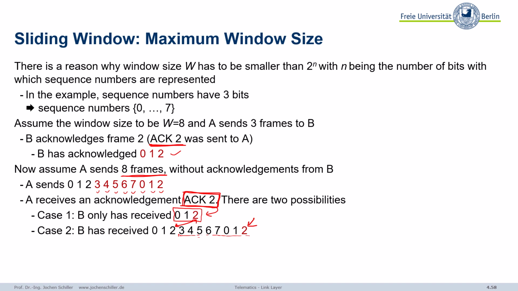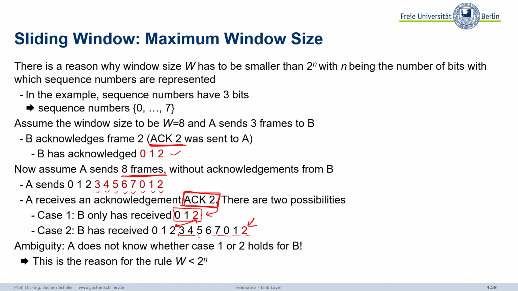The problem is, if you allow the window size to be the same as 2 to the power of n, with n the number of bits of a sequence number, then we run exactly into this ambiguity. So A doesn't know now, is it case 1 or case 2? But if we restrict the window size to being really smaller than 2 to the power of n, so 7 in our case maximum, then this cannot happen.